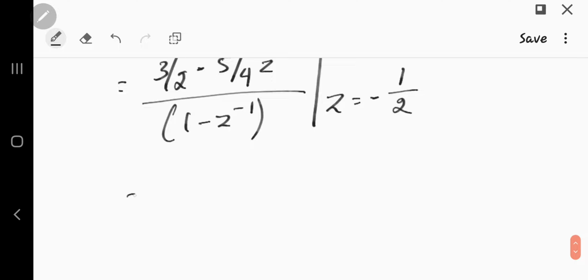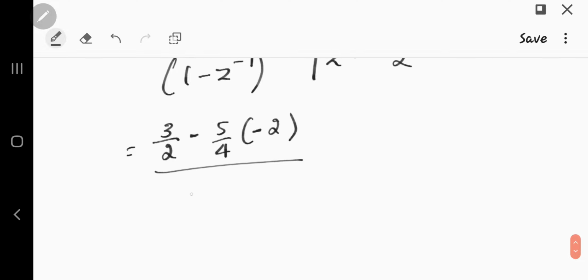If you substitute this value, 3 by 2 minus 5 by 4 into minus 2, divided by 1 minus of minus 2.